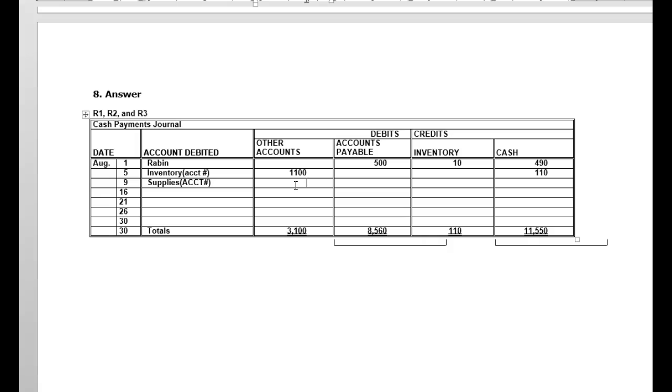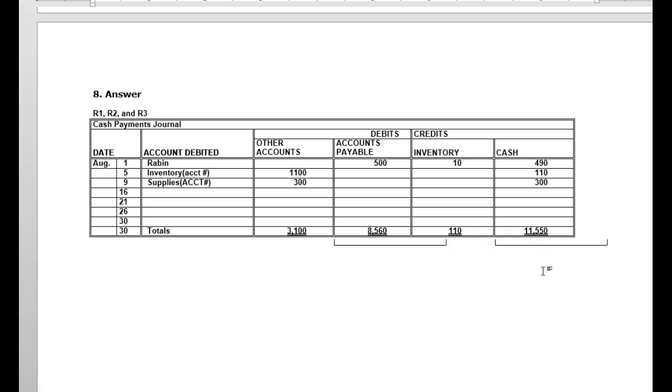So that was for $300, and then you would do $300 in cash. So you can see how this would be a little bit quicker than a journal entry, especially when you look at posting this to the general ledger, because before you would have to post each one of these individually, and now you will post them in total.